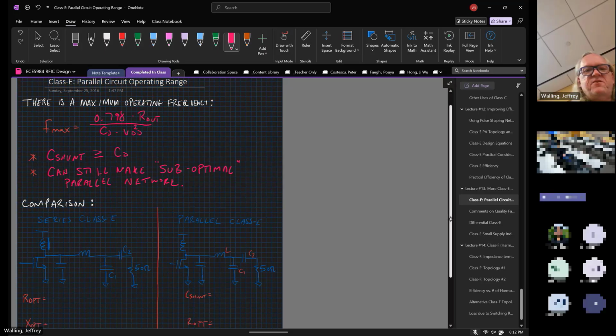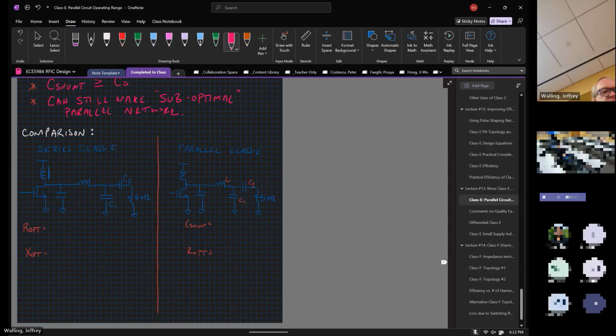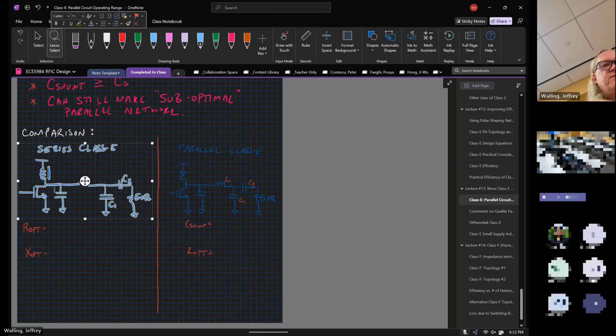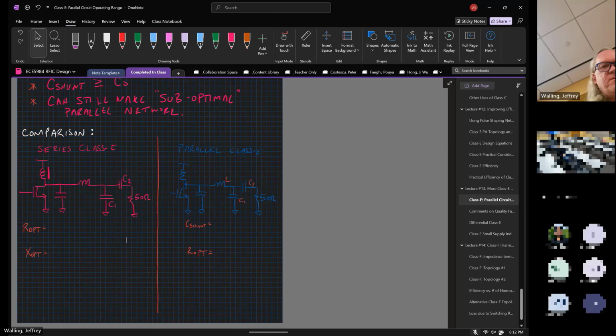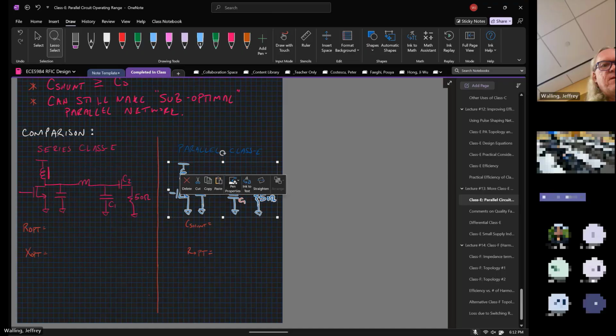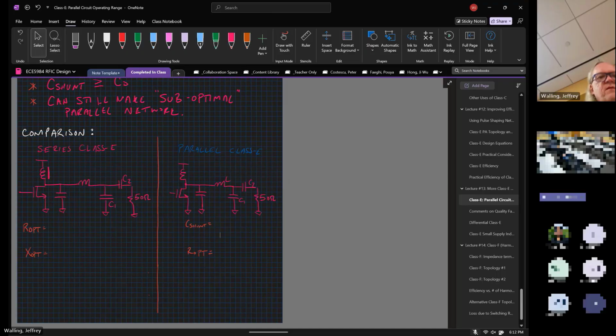All right, so just a quick comparison. When you're designing a Class E amplifier, in the series Class E network, the formulation is that we find R opt, X opt, B opt, and those are all given primarily by what power out we want from the device.